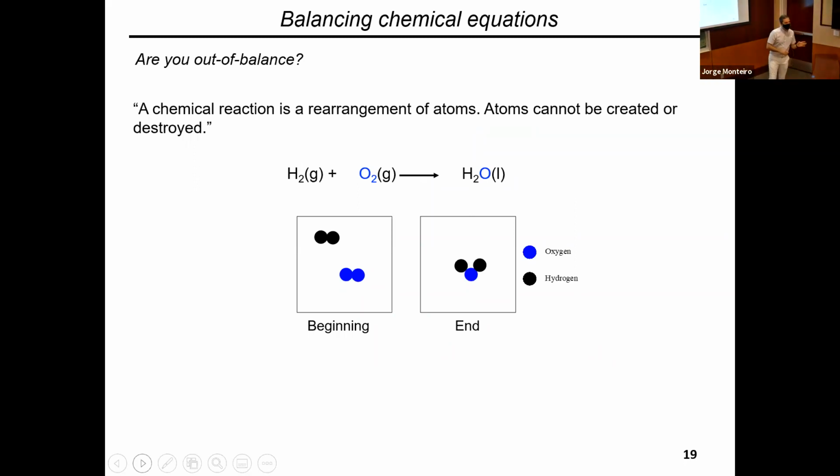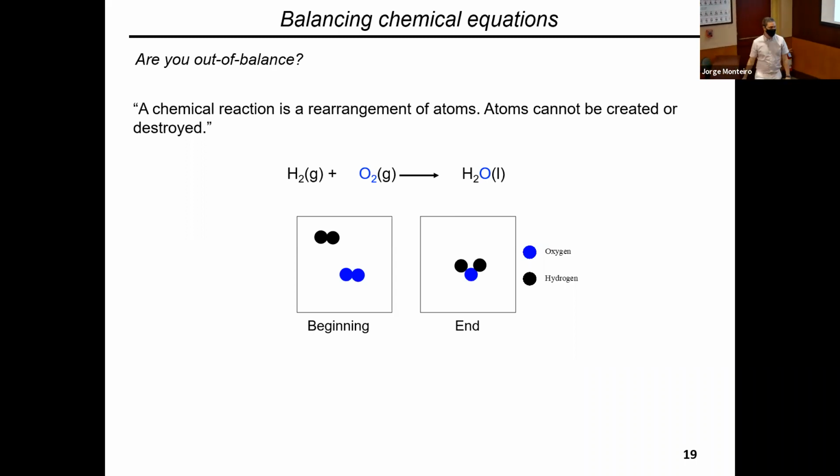So balancing means that the number of atoms for each element before is the same after the reaction. So remember that a chemical reaction is a rearrangement of atoms. And atoms cannot be created or destroyed.